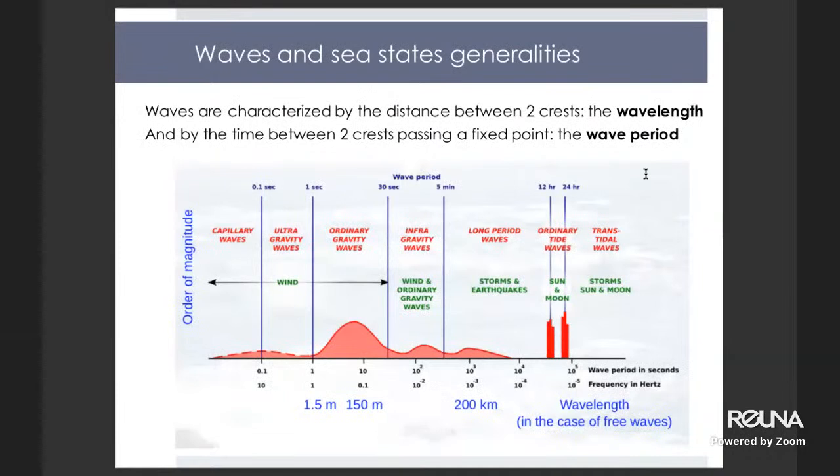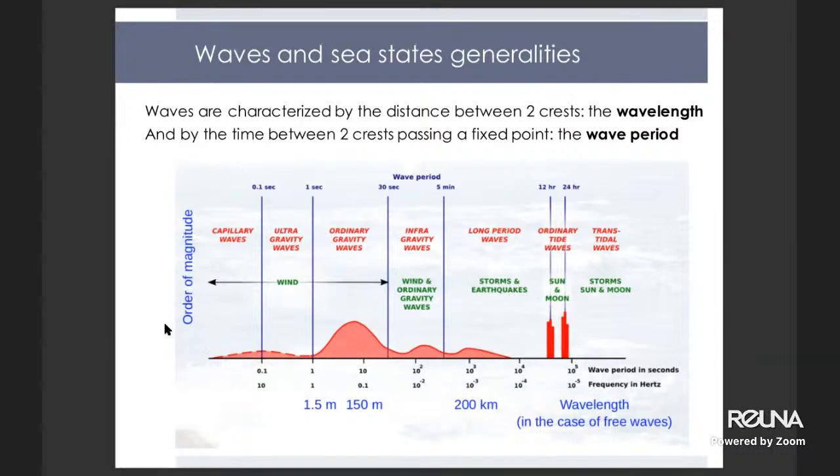We can characterize the waves with different parameters. Notably, they can be characterized by the distance between two crests, which is the wavelength, or by the time between two crests passing a fixed point, which is the wave period. And usually we can represent the broad spectrum of waves in diagrams like this that are a function of the wave period or the wavelength.